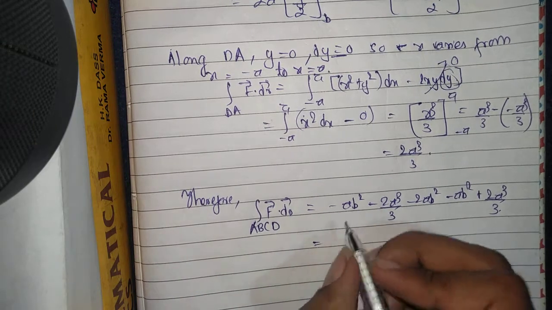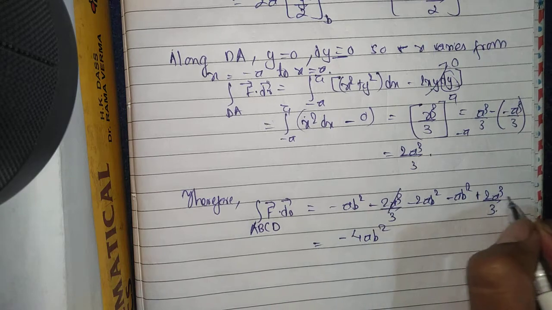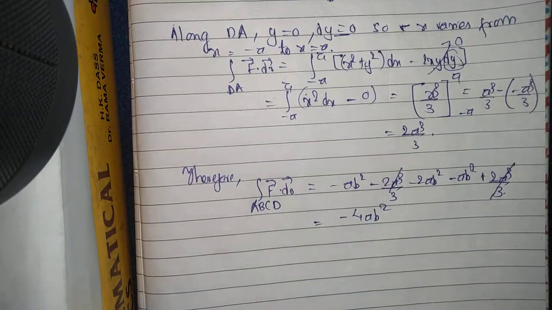We get minus 4ab square, and minus 2a cube by 3 and plus 2a cube by 3 cancel out.